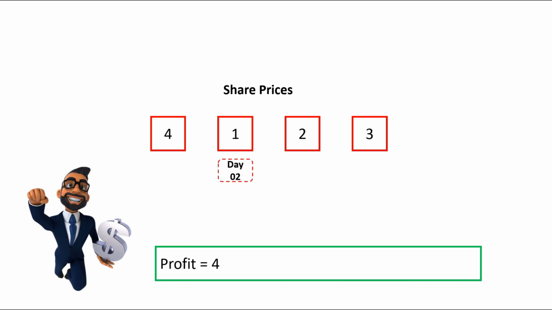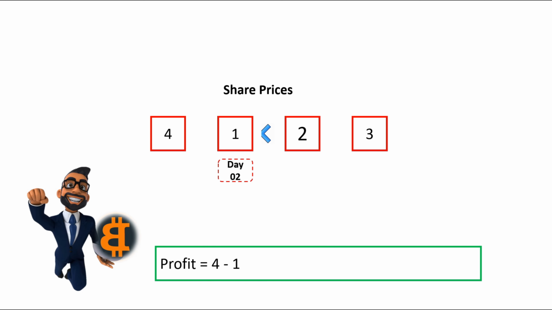I won't wait for the price to increase, because if I buy it today at 1, I can definitely sell it at a price of 2. So what would be the decision? Buy it, since I know that on day three the price, which is 2, would be greater than 1. Today the price is lower than the next day, so I will buy now. So we'll buy this asset.